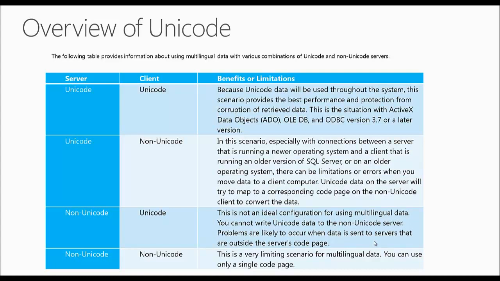When both the server and client are non-Unicode enabled, this is a very limited scenario for using multi-language data. In this case, you can use only a single code page on both the server side and the client side.